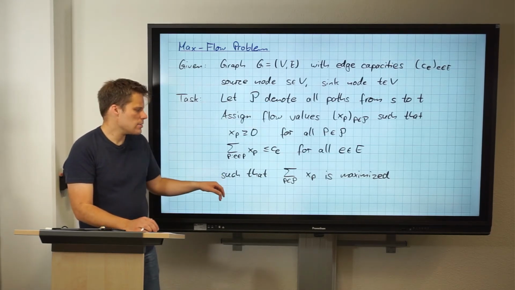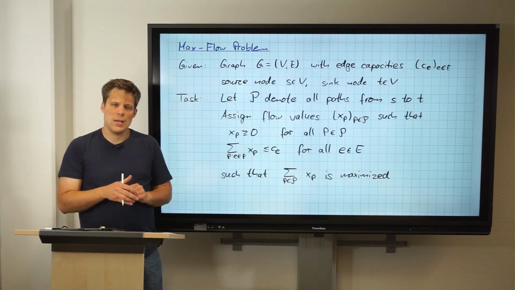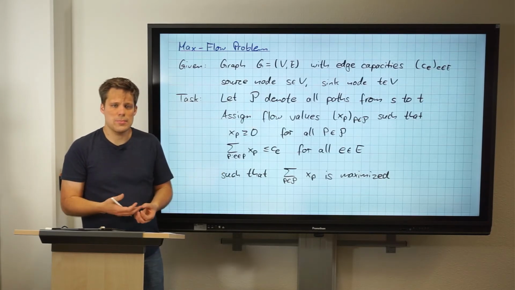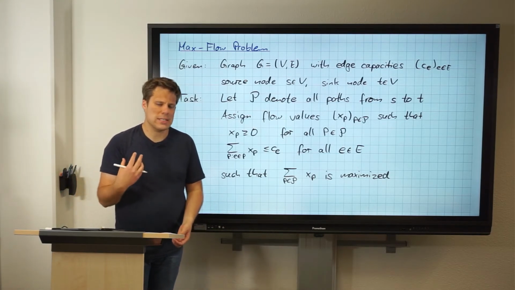And our goal is now simply to maximize the sum of all flow values along all paths, which means nothing but how much is leaving the source or how much is entering the sink.